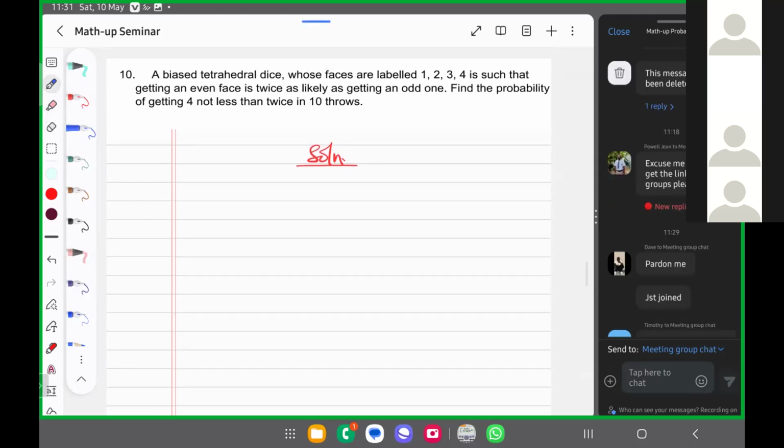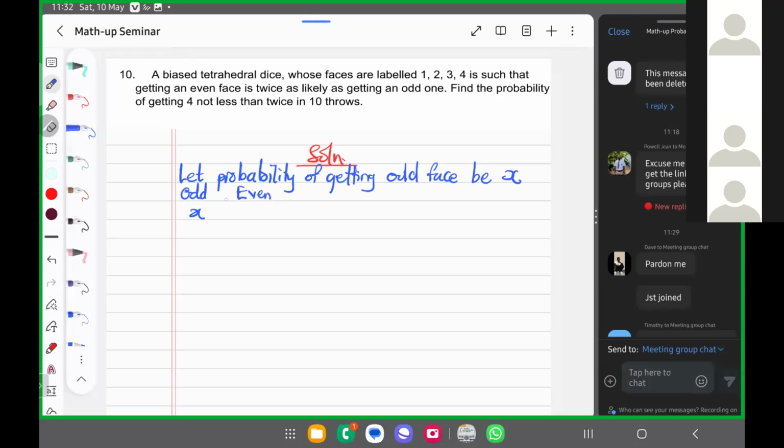So I can let the probability of getting an odd one be letter X. Such that odd face is X, then even face would be 2X.